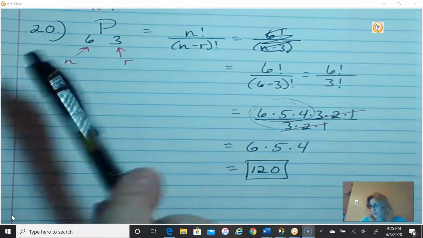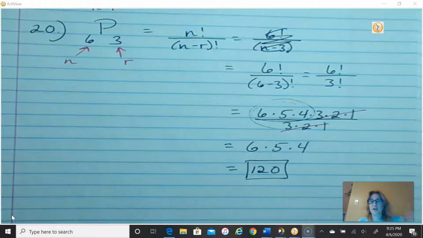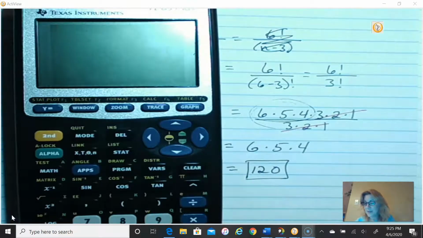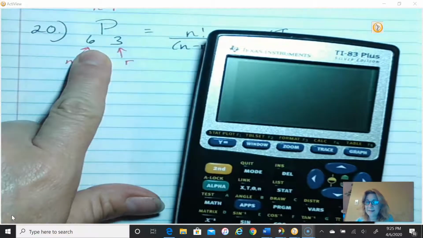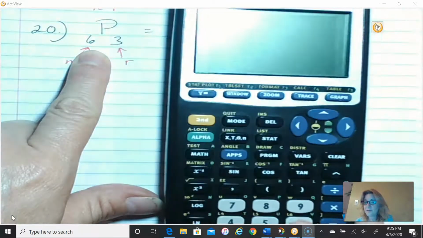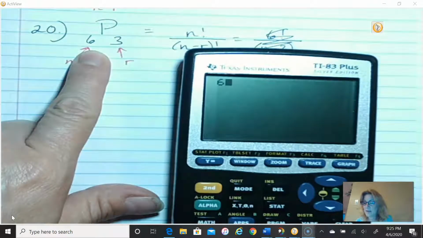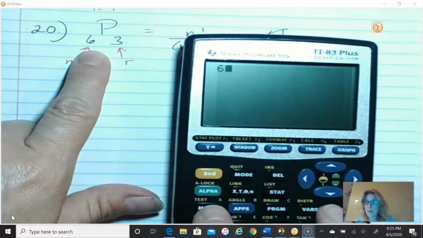Okay, if I move too fast, because again, y'all not here, go back, rewind, slow down, look at it. I think you are getting it. Let's check with our trusty little calculator here. So 6 goes first. Then math.